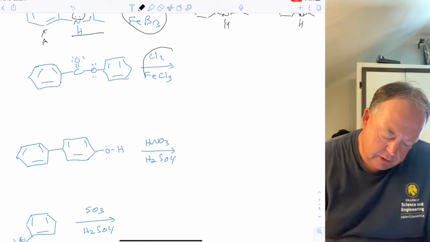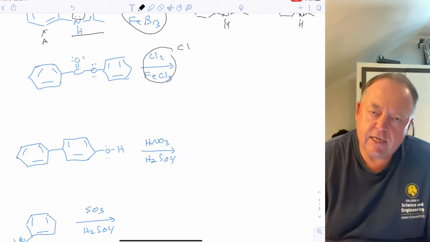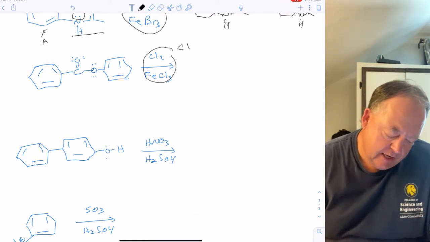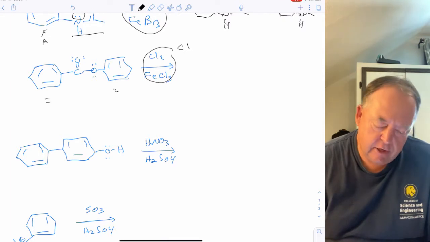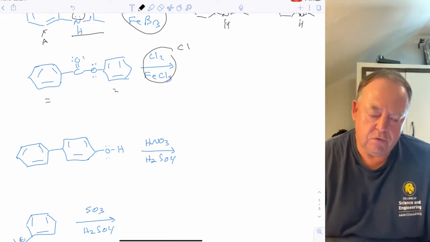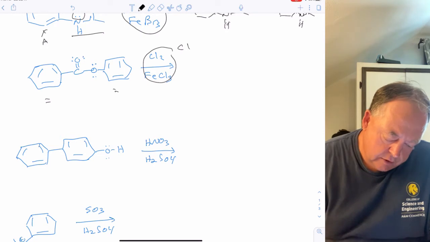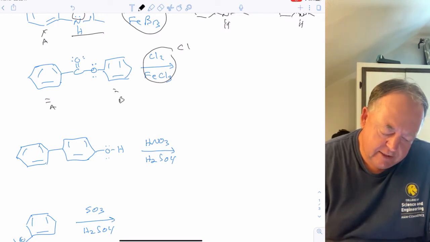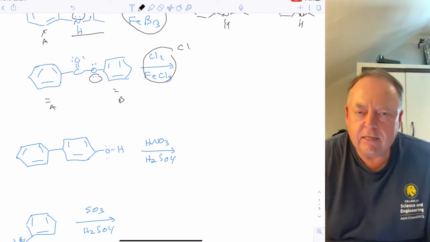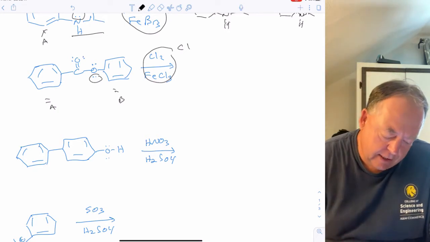Okay, so that's the recipe to put a chlorine on a benzene ring. You just have to know where it goes. Now you've got two benzenes, so you have to decide which one it goes to. We'll call this benzene ring A and this benzene ring B. For ring B, the atom that's attached to it has a lone pair, so that's an OP director on this ring.